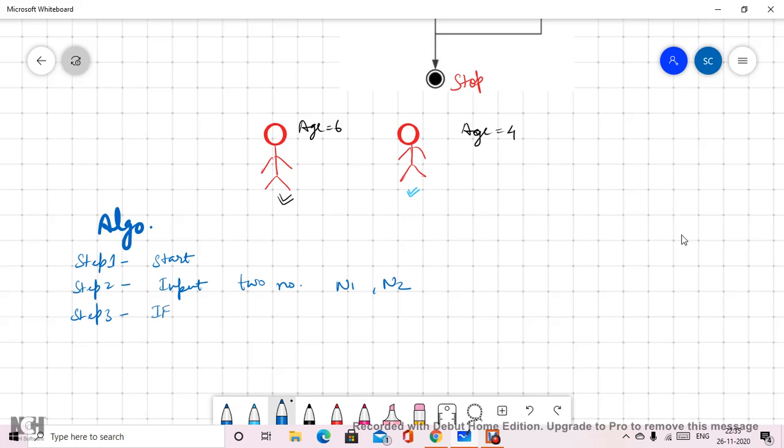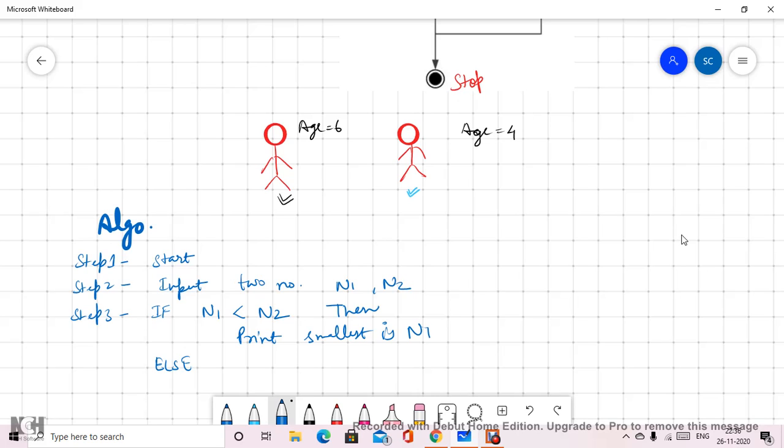So if n1 is less than n2, I'm sure everyone has done that in mathematics, less than, greater than in class 1 or 2, then our conditions will be, in this step we will be checking if n1 is less than n2, then print smallest is n1, right?